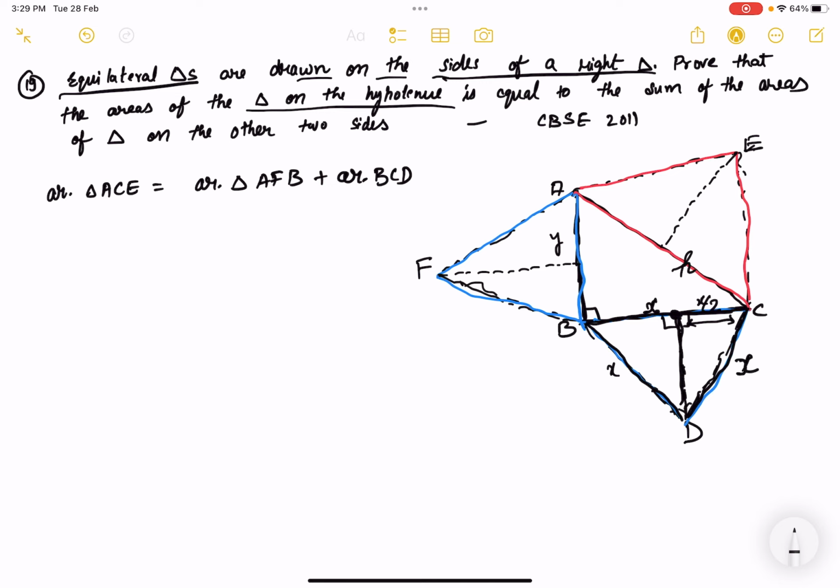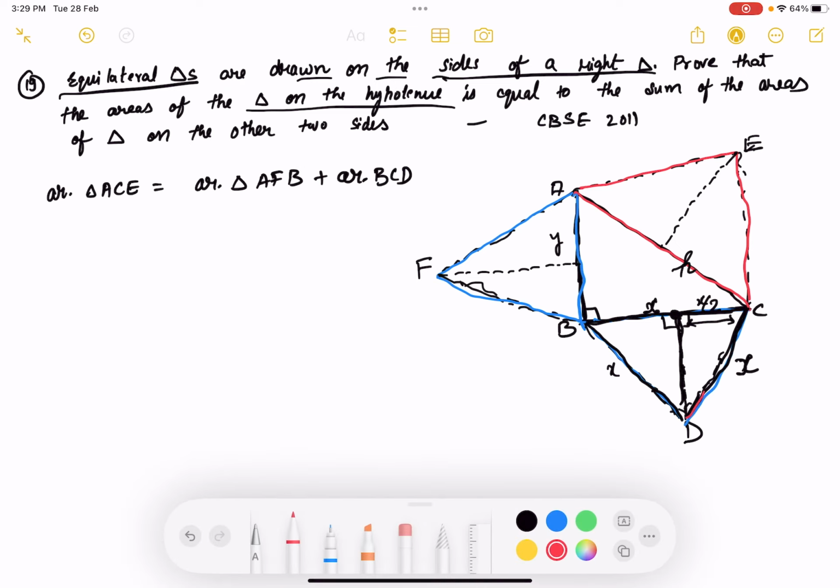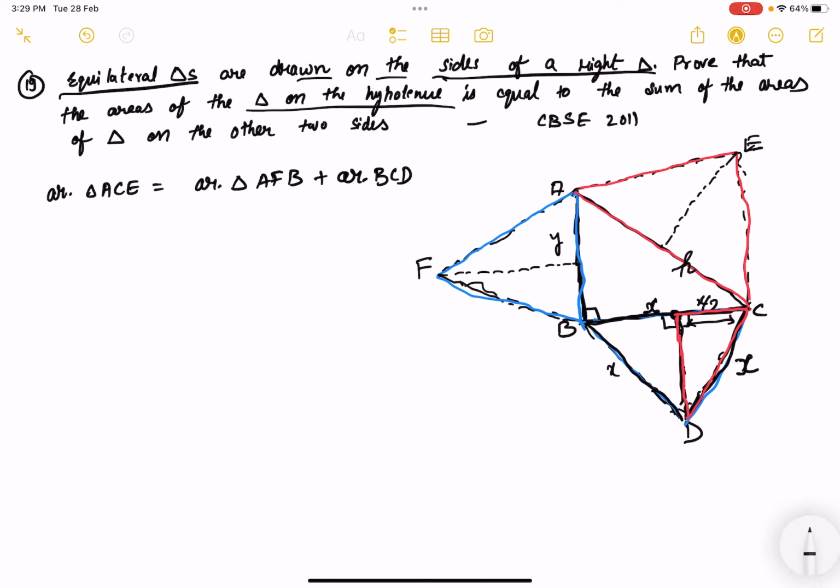So we know this side as x, this side as x by 2. So we can find this by Pythagoras theorem. This side would be the square root of x square minus x by 2 whole square, which is equal to root 3 x by 2.